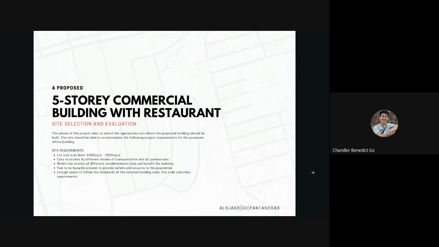The lot size is at least 1,000 to 2,000 square meters. It's easy to access by different modes of transportation and for pedestrians as well. It should be within the vicinity of different establishments that can benefit the building. Few to no hazards present to provide safety and security to the population, and it has enough space to follow the standards of the National Building Code, Fire Code, and other requirements.